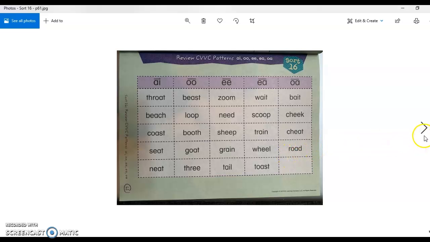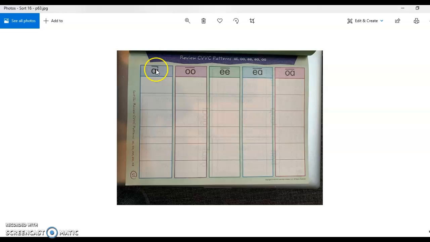So you're going to cut and sort and paste them into the 5 columns: AI, OO, EE, EA, and OA.